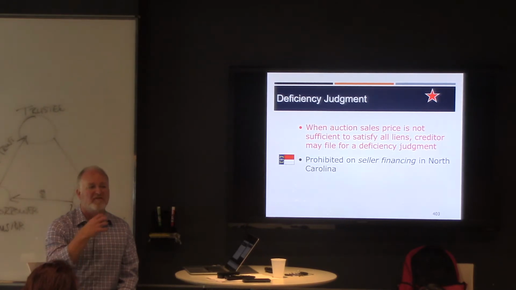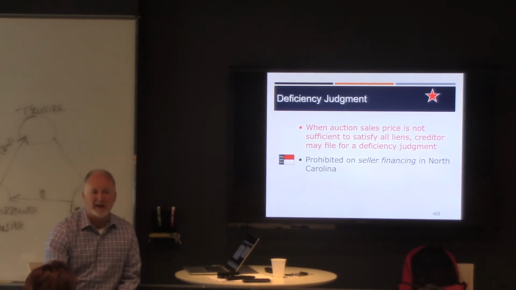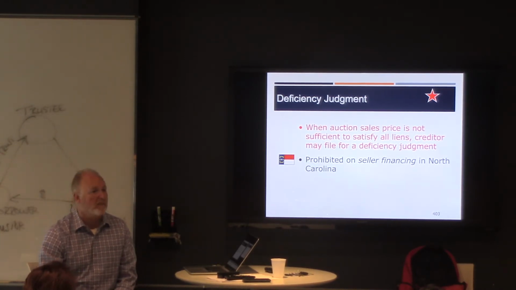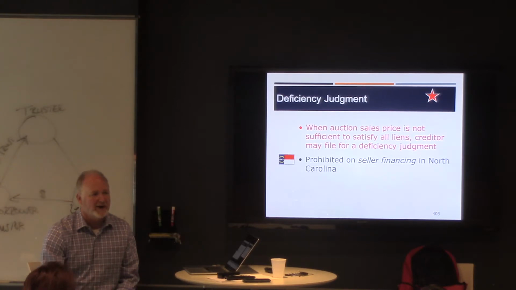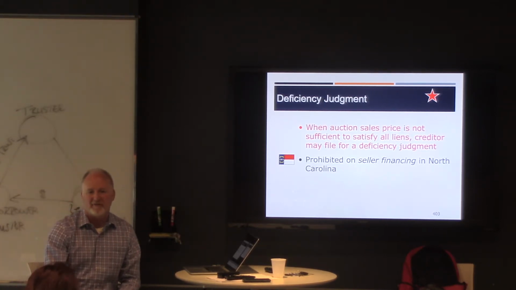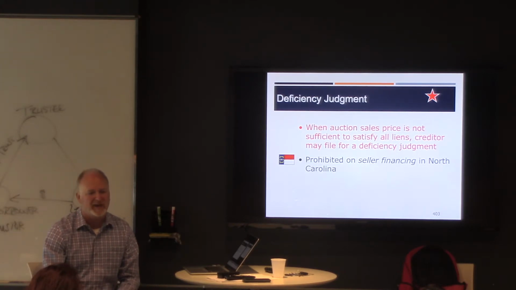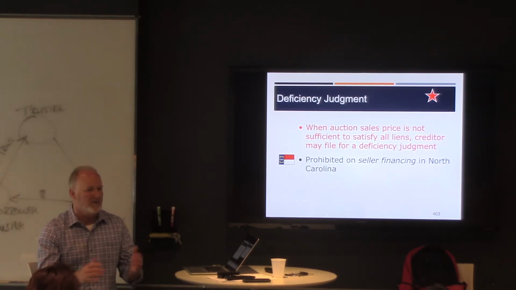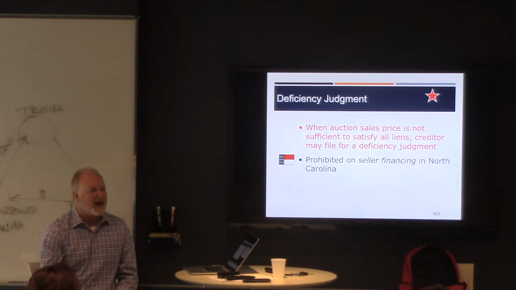If I foreclose on my buyer, what's my best case scenario? I get the property back. I don't get the property back and say, I'm going to hound you for the rest of your life for the $20,000 that you were upside down. It's one of the risks of doing seller financing, but actually there's a logic behind it as well.